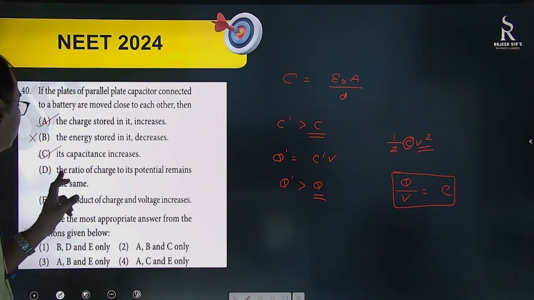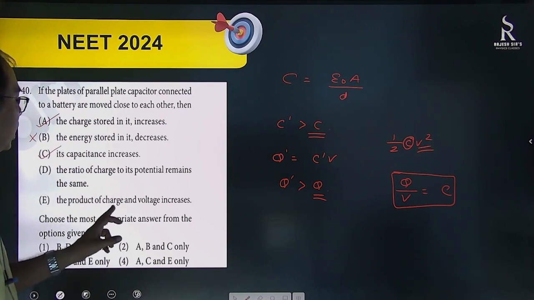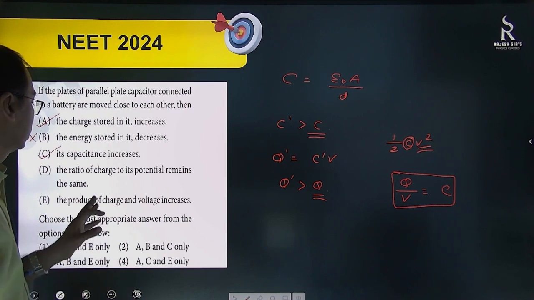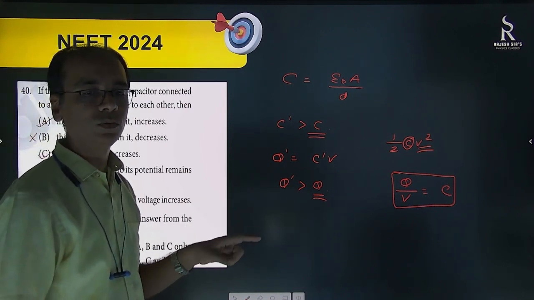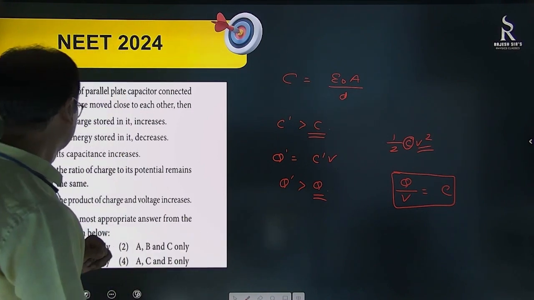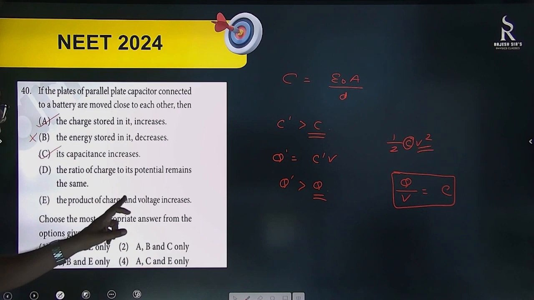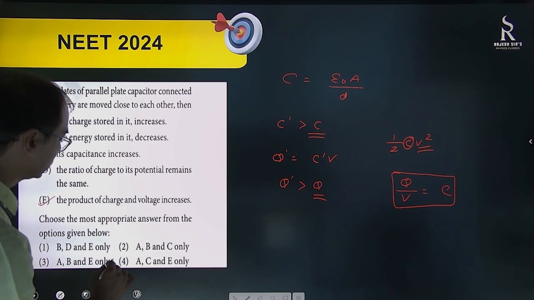So the ratio of charge to its potential does not remain the same. The product of charge and voltage increases. The product of charge and voltage, that means Q is equal to CV into V, CV square, increases. Yes, because C has increased. So this is correct. Product of charge and voltage increases. So this is correct, this is correct, this is correct, this is correct. ACE. So the answer is 4.